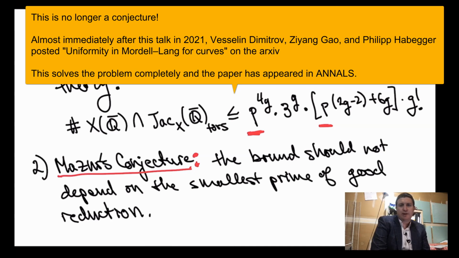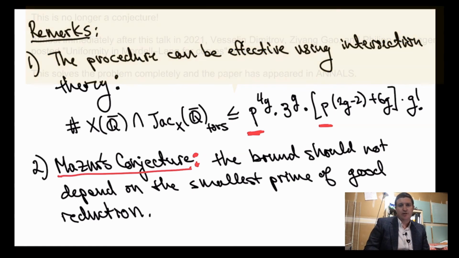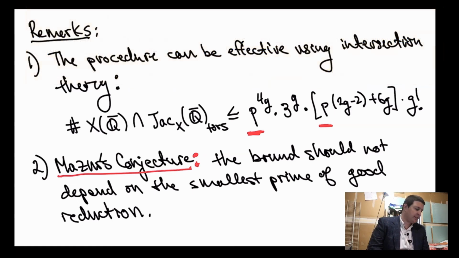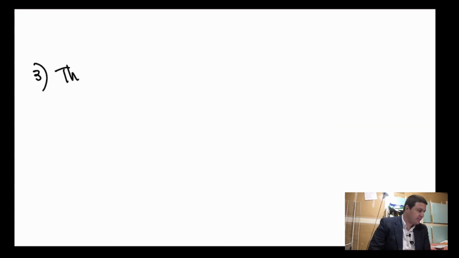So you don't want to make the assumption that you're going to a large prime of good reduction, and you want to deal with the singularities. This is something that I've thought a little bit about, but it broke. But it's an interesting problem nonetheless. Okay.